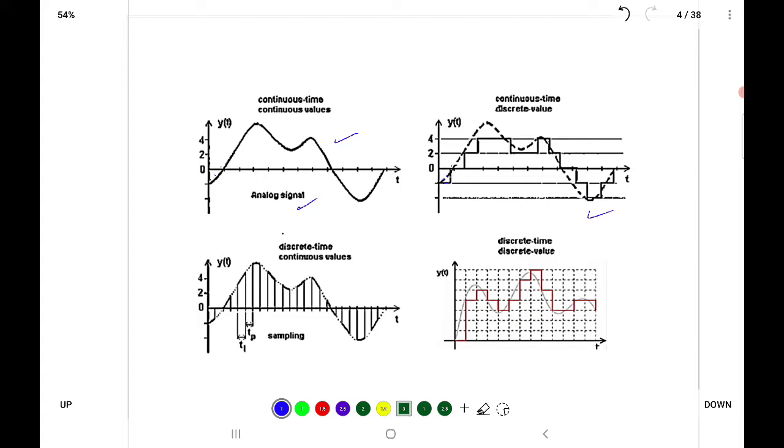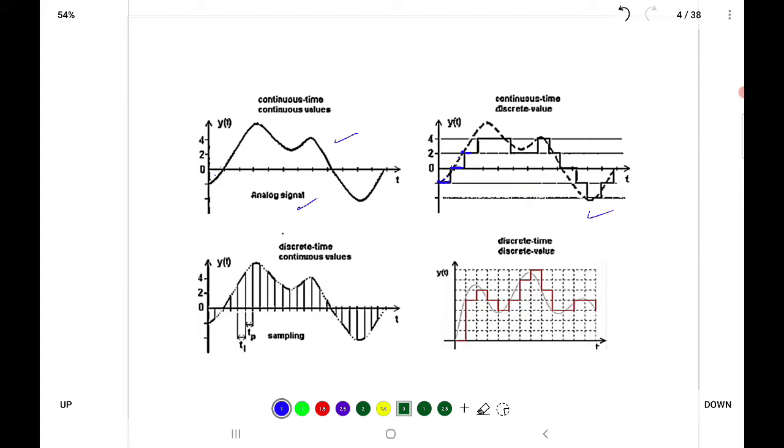It can take any value. But for the quantized, you will see here, it's taken this value along this level, but does not take any other value between this point and this point. And you go to the second point, all these values are not there because it will be constant for a while till the other level appear again.